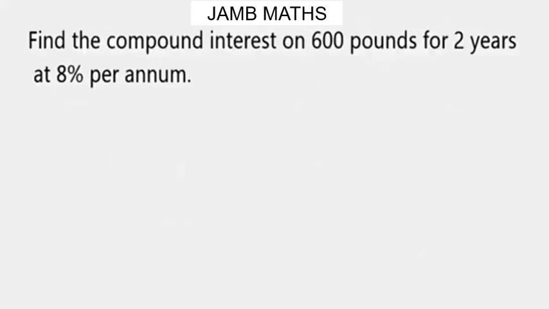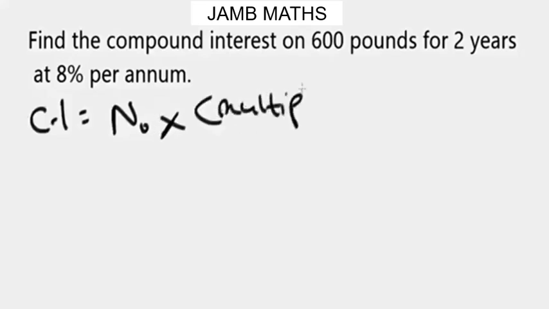Okay, now let's look at this question. It says find the compound interest on £600 for 2 years at 8% per annum. From this question, remember, this is the formula we are going to apply. Compound interest equals N0 times the multiplier to the power n.